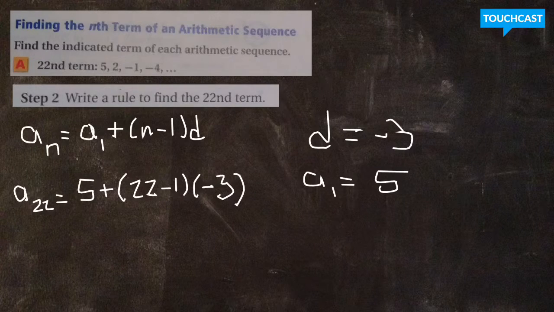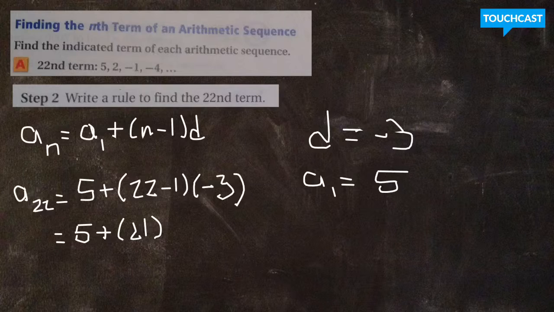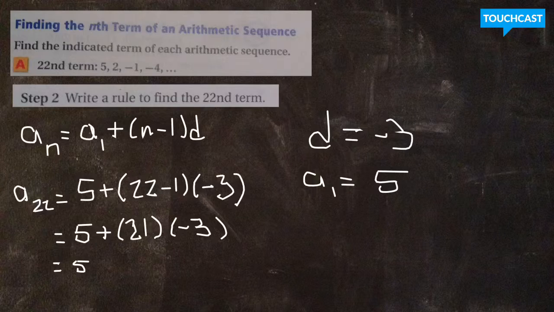So now we can simplify this. We're going to first go 22 minus 1 to get 21. So we've got 5 plus 21 times -3. And then we can do some multiplication. -3 times 21, which will give us 5 plus -63.